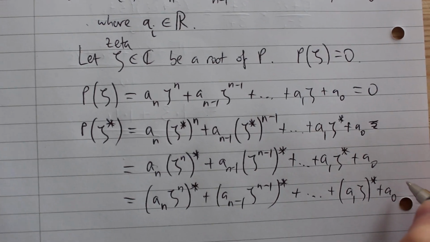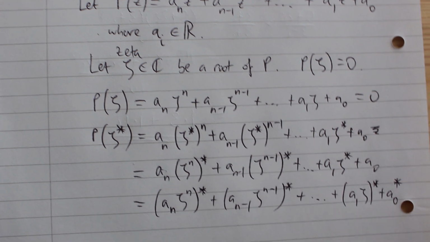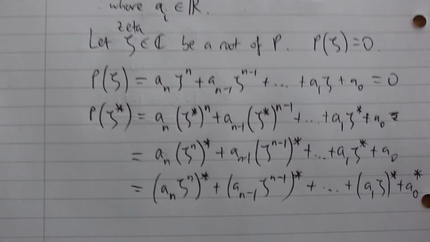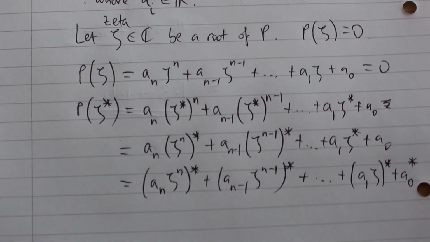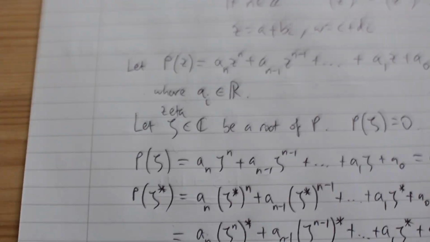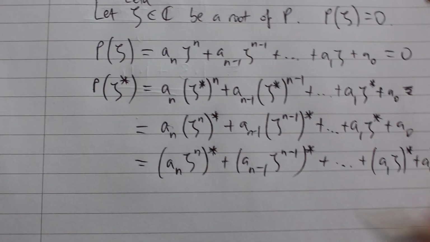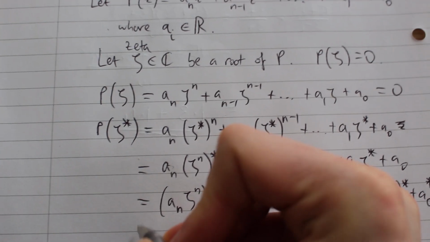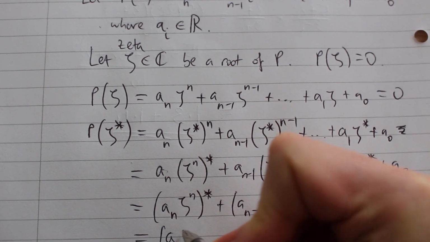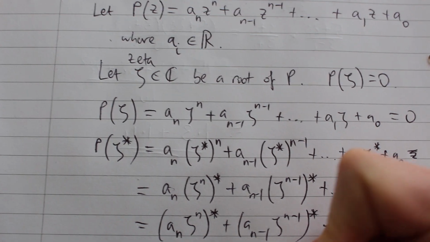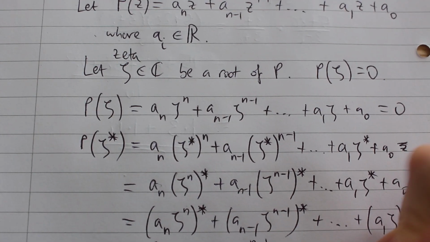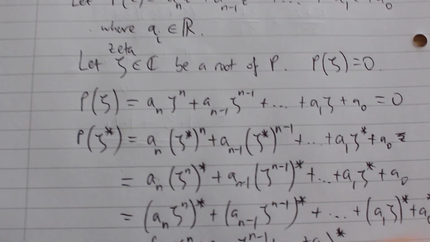And a_0 is the same as a_0 star, because a_0 is a real number. And then we have this sum, so all of these things are added together, so we can now use this first property to say this is the same as the complex conjugate of the entire sum, a_n zeta to the n plus a_{n-1} zeta to the n minus 1, all the way down to a_0.